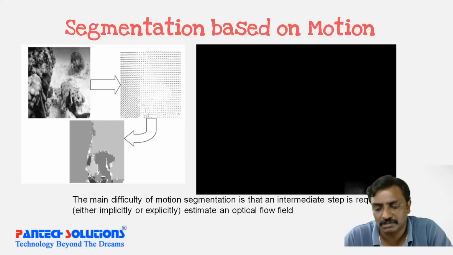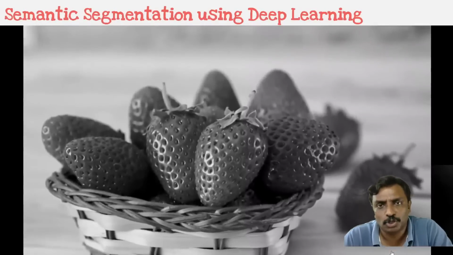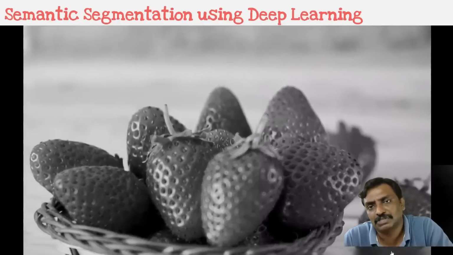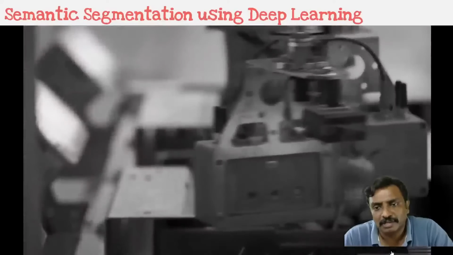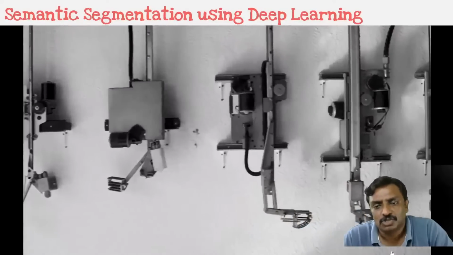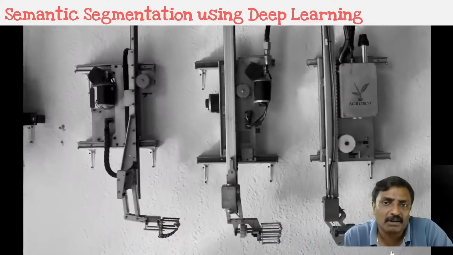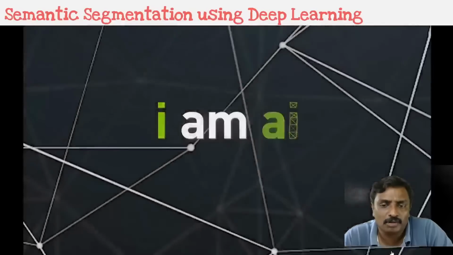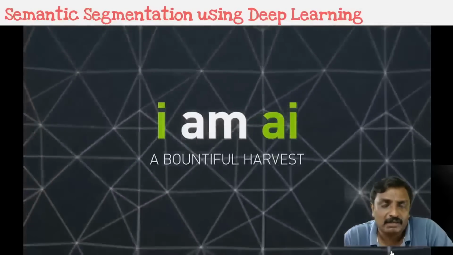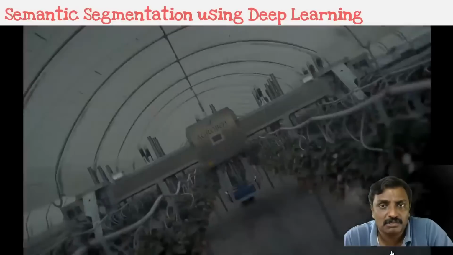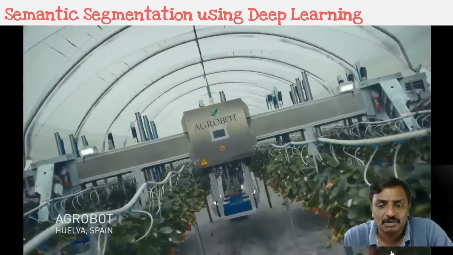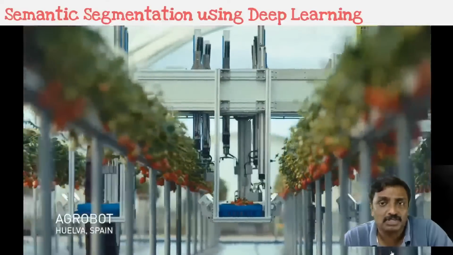And semantic segmentation. I'll show you an example of semantic segmentation for strawberry harvest. This is a video by a company called Agrobot, where they use semantic segmentation and instance segmentation for harvesting strawberries based on color.